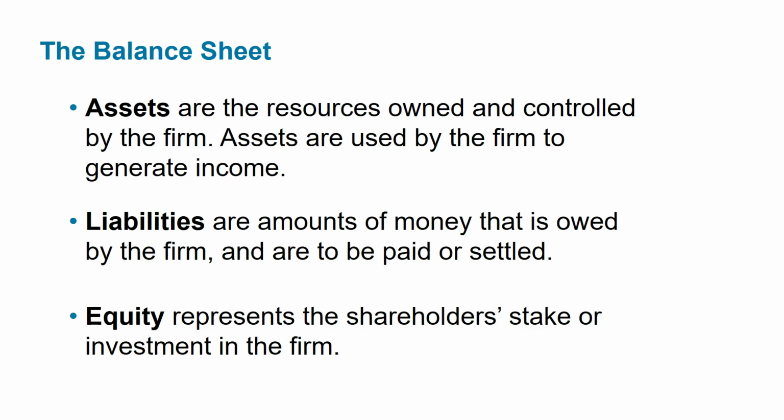Assets are those resources that are owned and controlled by the firm. Assets are used by the firm to generate income. On the other hand, liabilities are amounts that are owed by the firm and they are to be paid or settled. Equity represents the shareholder's stake or investment in the firm.